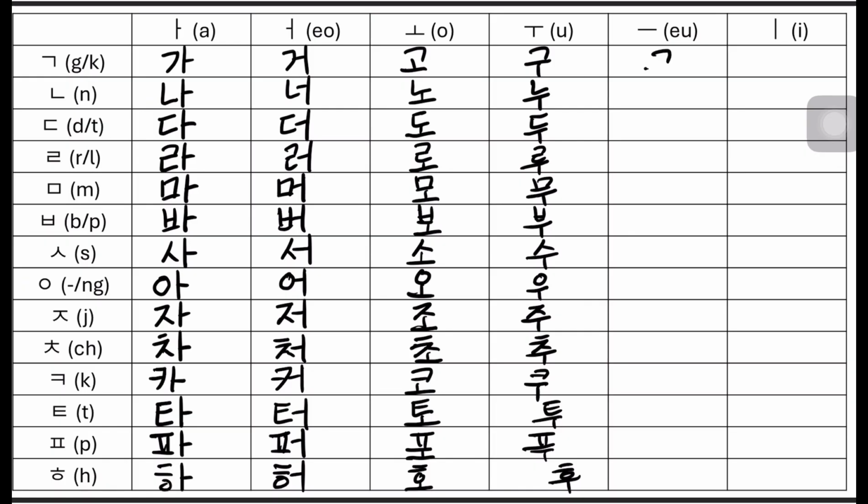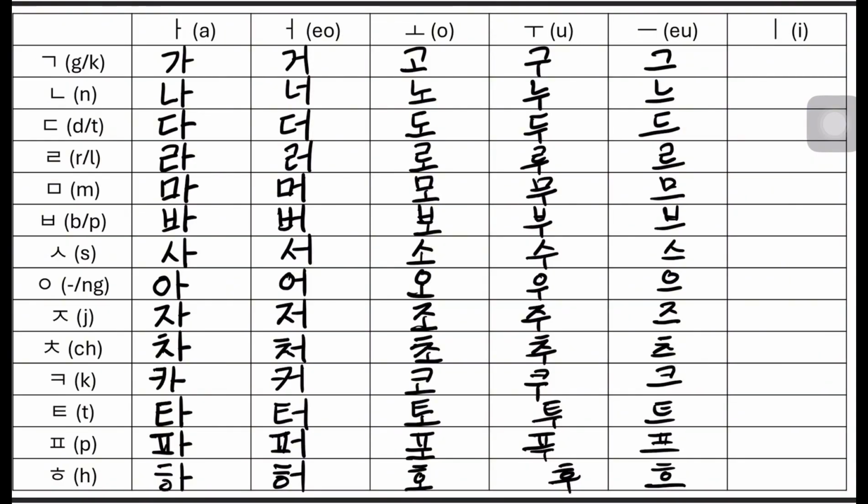So with K is geu, N is neu, D is deu, R is reu, M is meu, B is beu, S is seu, with Ieung, J, CH, K, and T, with P, with H.